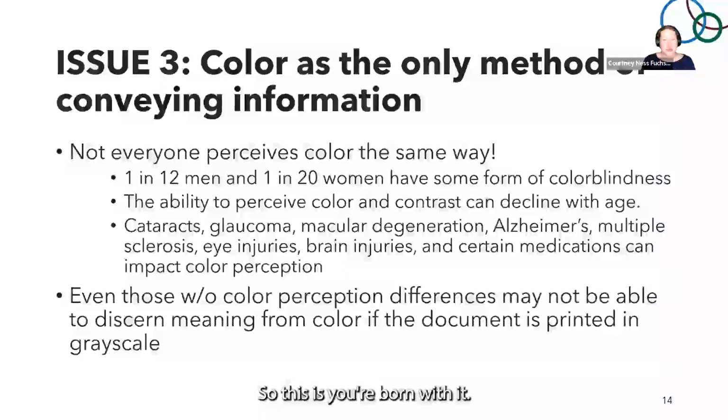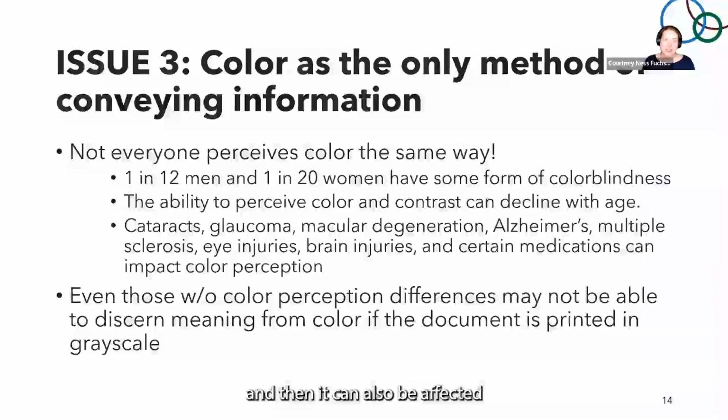So this is something you're born with, there's a genetic component. They don't perceive color the same way. And there are different types of color blindness. Similarly, our ability to perceive color and contrast can decline with age.